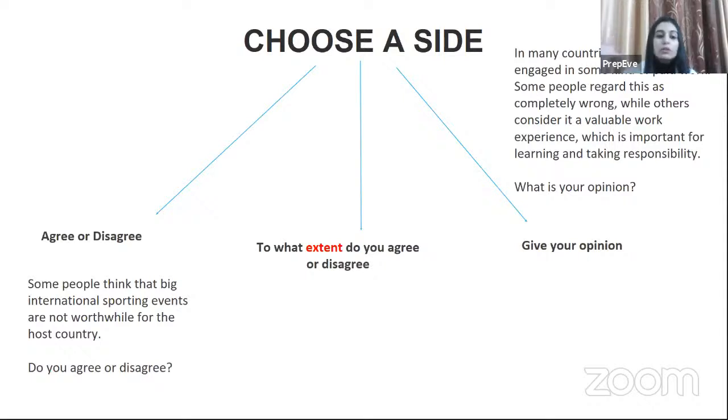If you want to say that it would benefit them 80%, but 20% there would be some disadvantage to the host country, then you can write stronger points for agreement and weaker points for disagreement. That's called the 80-20 approach, wherein you write stronger points for whatever you're favoring. So if you're saying it would lead to more advantages than disadvantages, then you write more solid points for agreement and less solid points for disagreement.